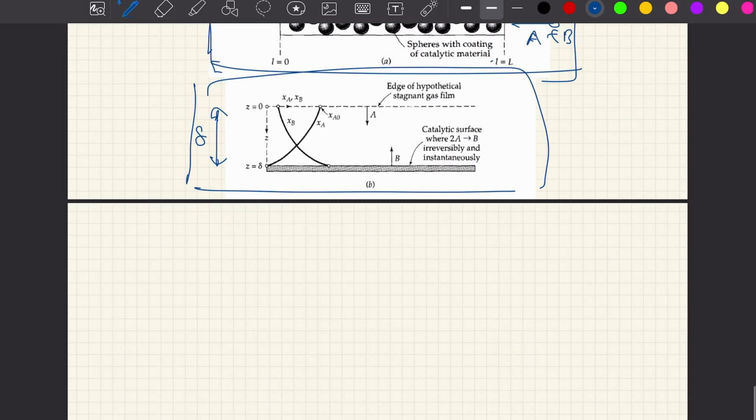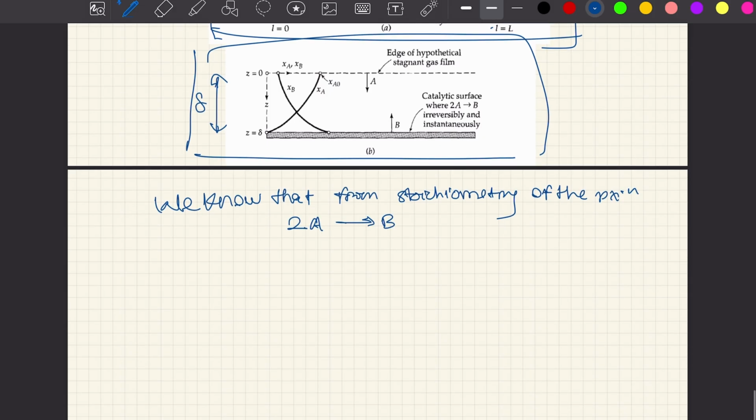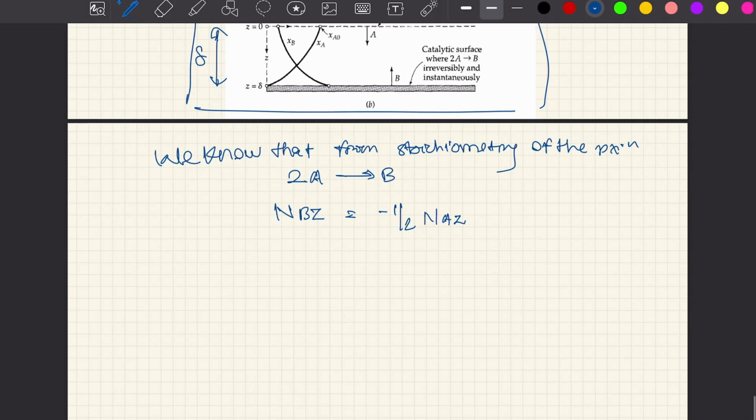Now we know that from the stoichiometry of the reaction 2A gives B, the molar flux NBZ would be half and opposite to NAZ.